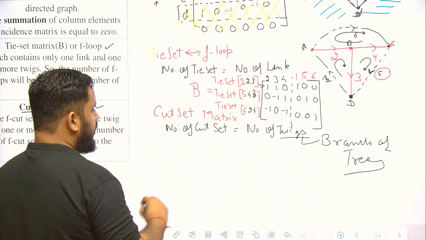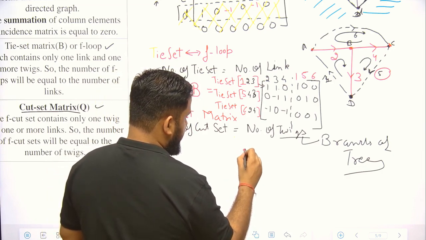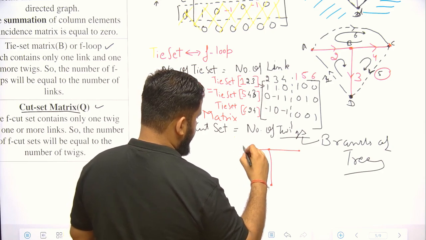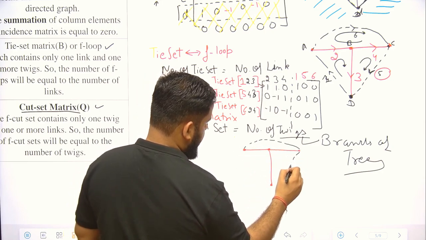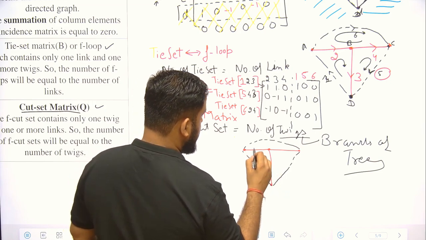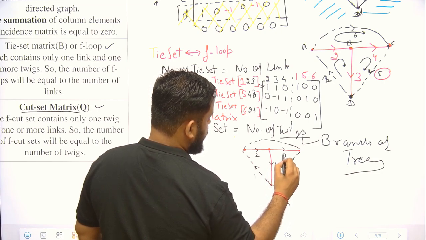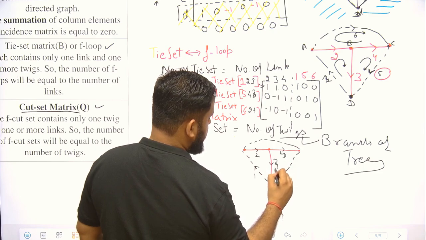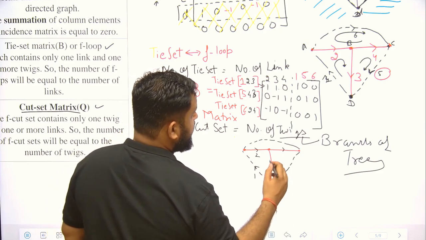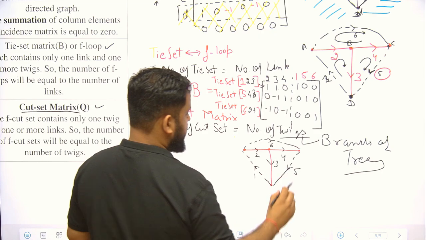Okay, so let us try to form the cut set. Let's make this graph again for you. One, two, three, four, five and six.